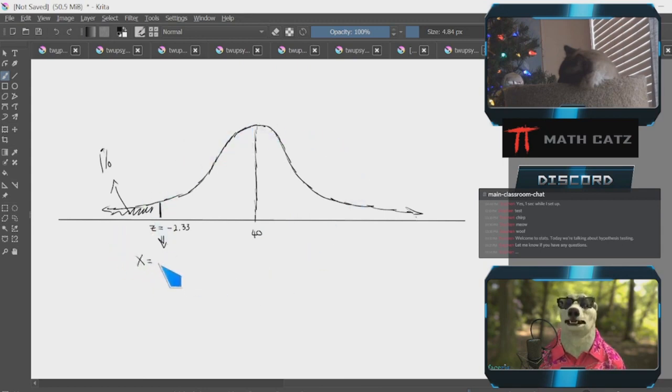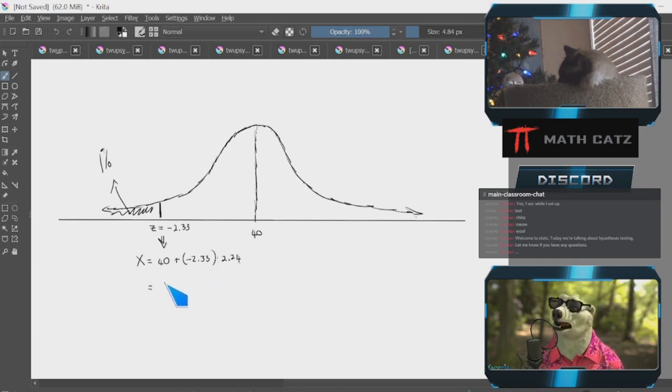Then we want to convert that in this comparison distribution. What is the raw score? Well, it is the mean plus this z-score, negative 2.33, times the standard deviation of this distribution, which is 2.24.